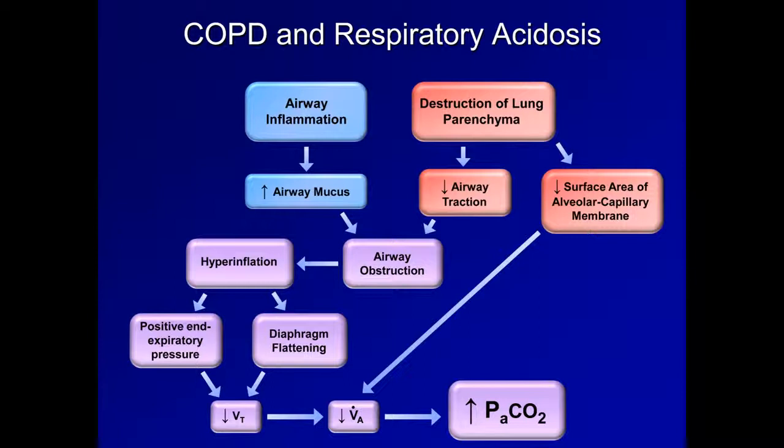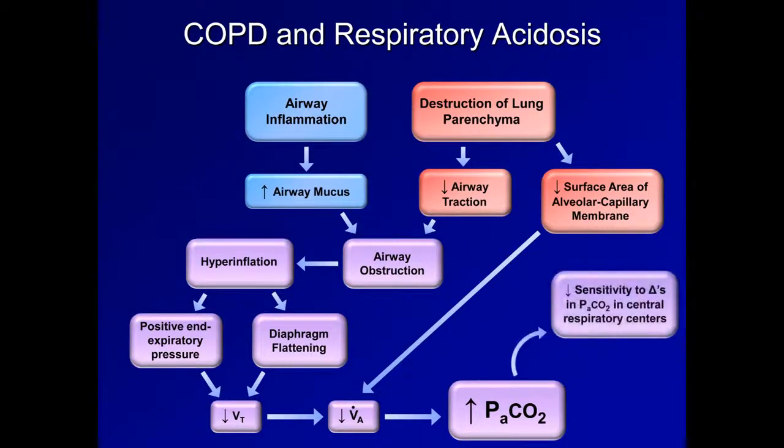Chronically elevated PaCO2 may result in decreased sensitivity in the central respiratory centers to further changes in PaCO2, which then feeds back and can increase PaCO2 still further. All in all, the process by which a respiratory acidosis develops in COPD is fairly complicated.